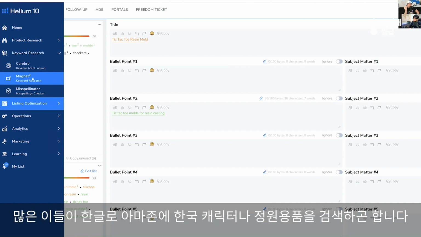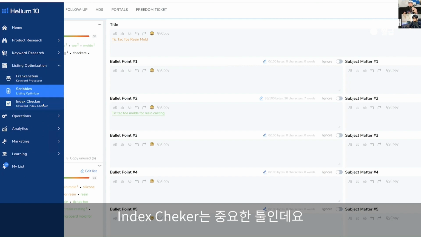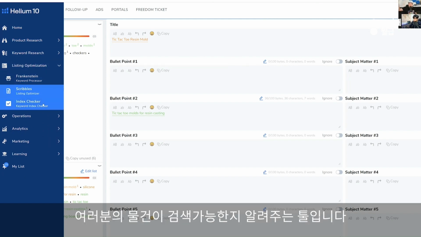There are now so many people searching in the Korean language, even with the Hangul characters, that show up in Magnet. Like I found one, it was some gardening tool or something like that. So those will come up there in Magnet. We have Scribbles. We have Index Checker. Index Checker is important because it shows you whether you are searchable or not for the keyword.